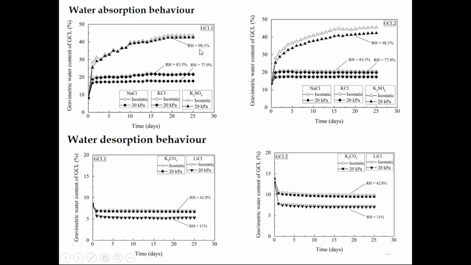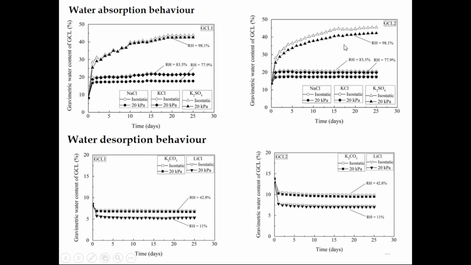It is also observed that the water content of GCL under free swell condition is more as compared to under stress condition, because in stress condition the specimen was under stress and it will not absorb sufficient moisture from the solution.